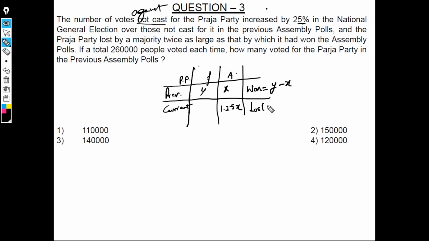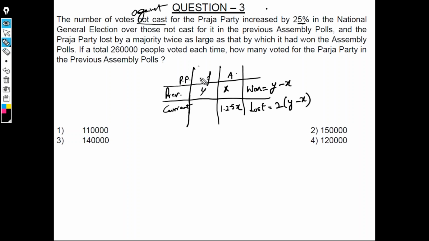And now I lost by twice of that value. Tell me guys, this much of the part is clear to each and every student. Any doubt till now? Tell me. Right, Neeraj, right.